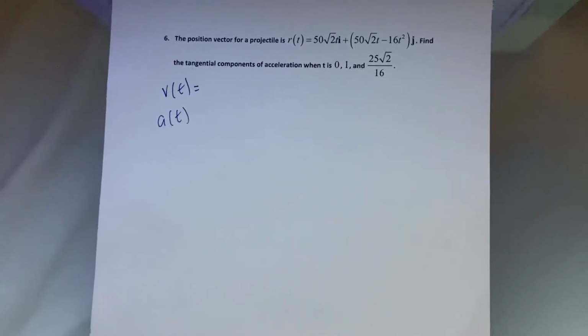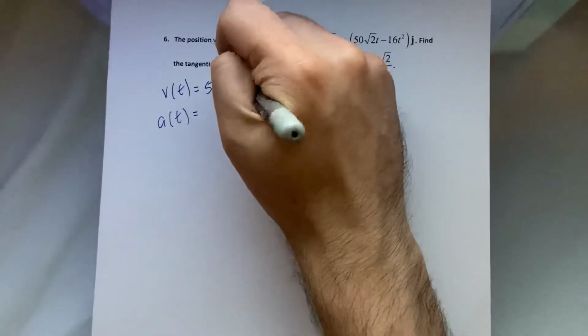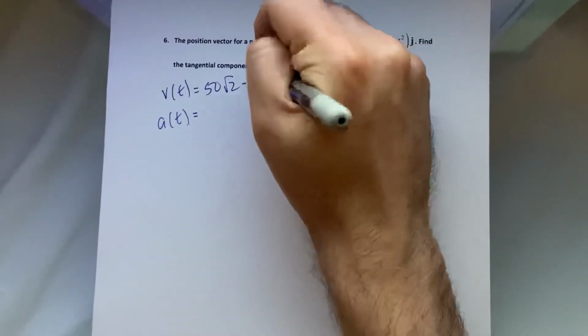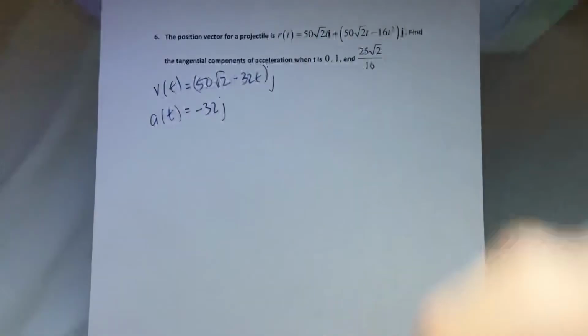Well, our i component is constant, so it should just have a j component. It should be 50 root 2 minus 32t j, and then just negative 32 j for acceleration.